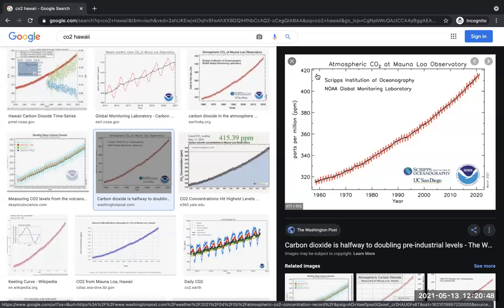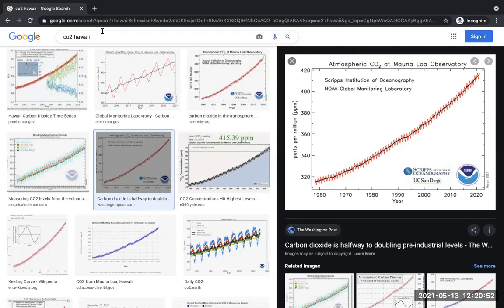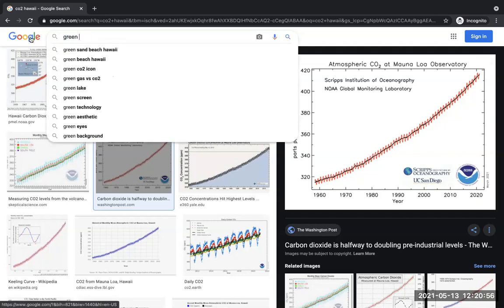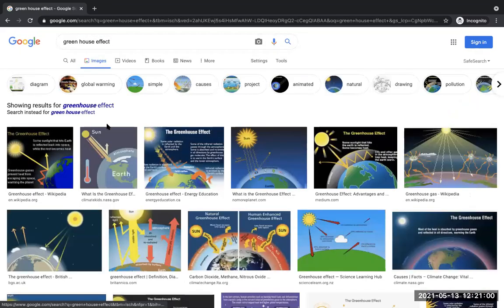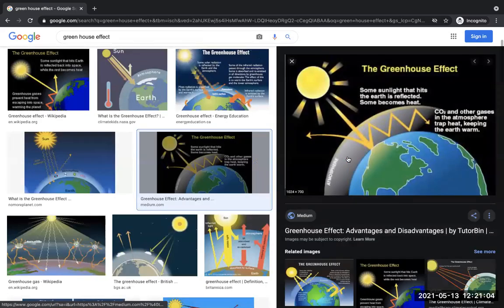And this carbon is also having an impact on the greenhouses. So, greenhouse gases. What's happening? Carbon dioxide in the environment is trapping heat that's coming in.